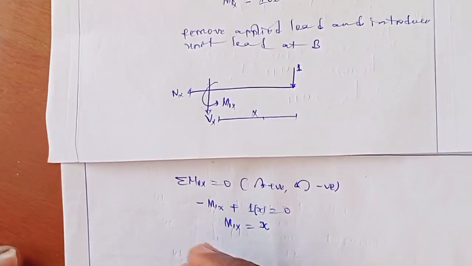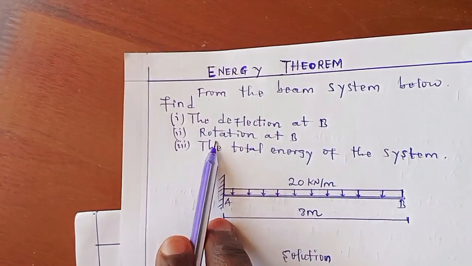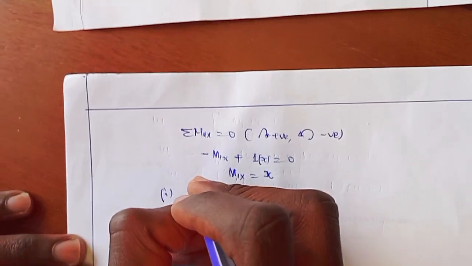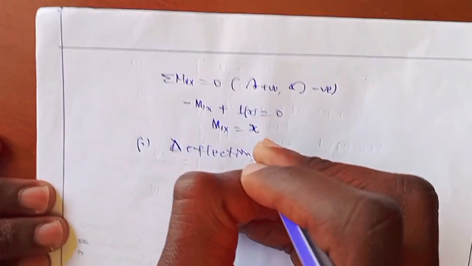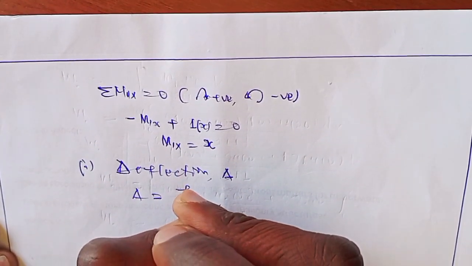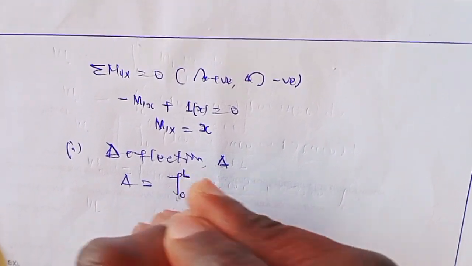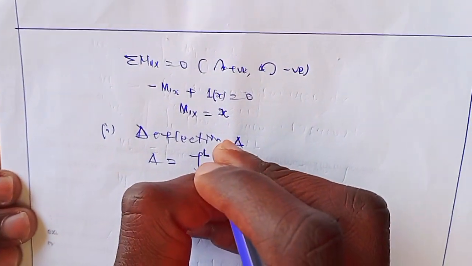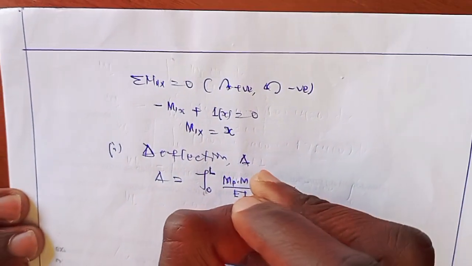So in order to obtain the answer, we are required to calculate the deflection at point B. The deflection at point B is obtained by taking the integral from 0 to a certain distance of the moment due to applied load times the moment due to unit load over EI dx.